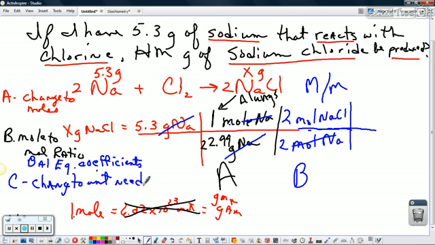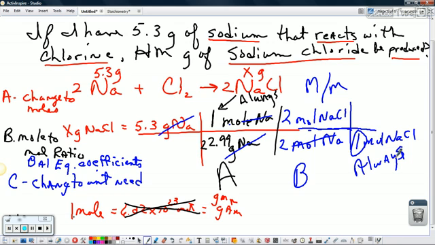So that means I've got to end up with grams up here. So what do I have to get rid of? Moles. So, moles of NaCl. Reckon what number is going to go by that moles? 1. It's always a 1 whenever you do this C step.